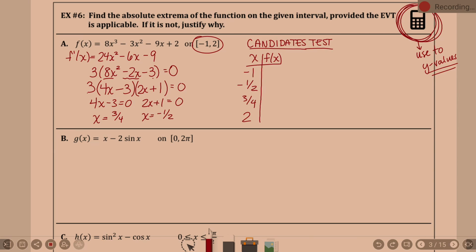I could pull up the Elmo and demonstrate on my calculator, but I got it. I know I sometimes will plug it into the first one and then copy that down and just change the values. That's a big fraction, 19/4.